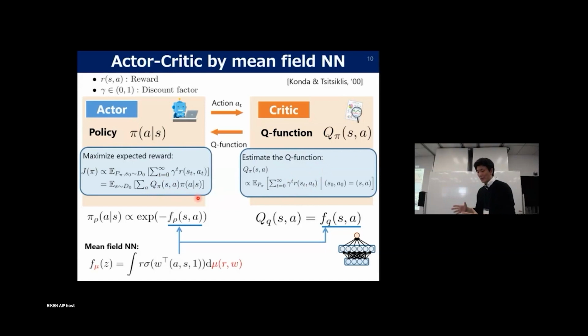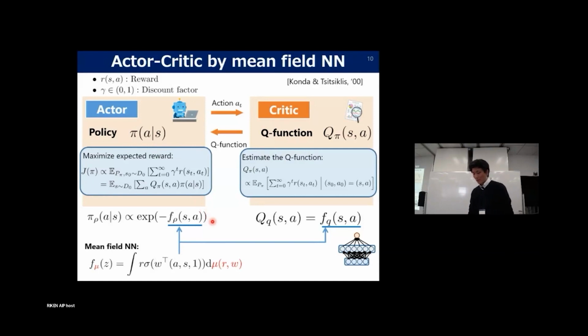In an actor-critic method, we iteratively update the policy and the Q function. We update the policy, then the Q function is also updated, and after the Q function is updated the actor updates the policy, and it will converge somewhere, hopefully to the optimal policy.